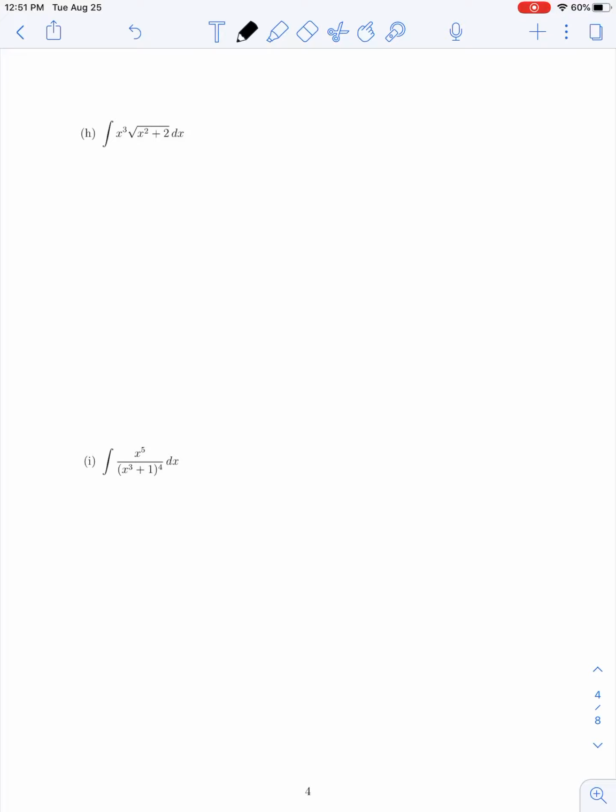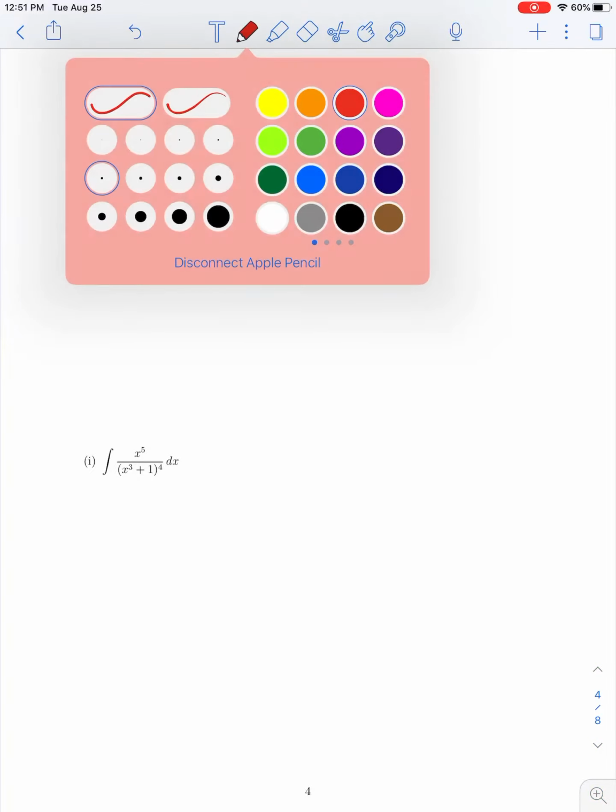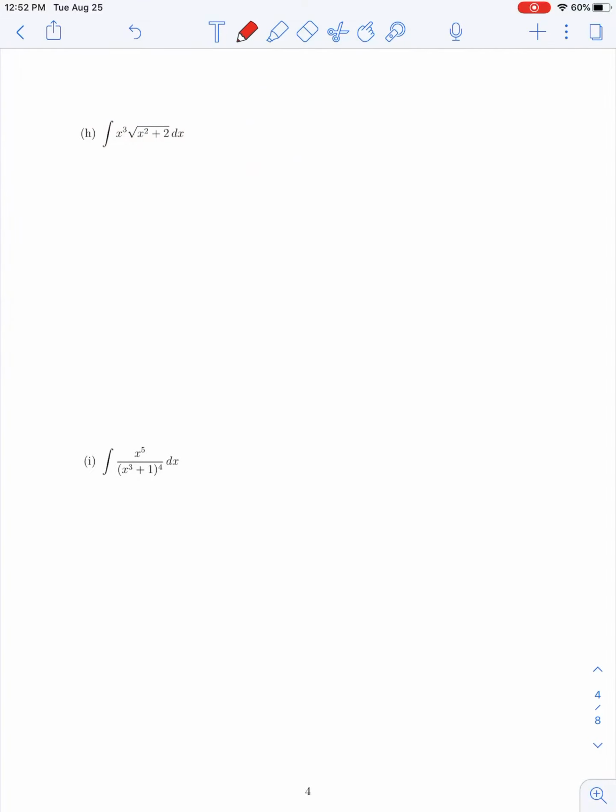Starting with part H, we have the integral of x cubed times the square root of x squared plus 2 dx. So again, when I'm looking at this integral, I'm immediately thinking of using a substitution because my function involves a composite function. It's the square root of a polynomial. So once I know that I'm going to try a substitution, my first step is to choose an expression for u.